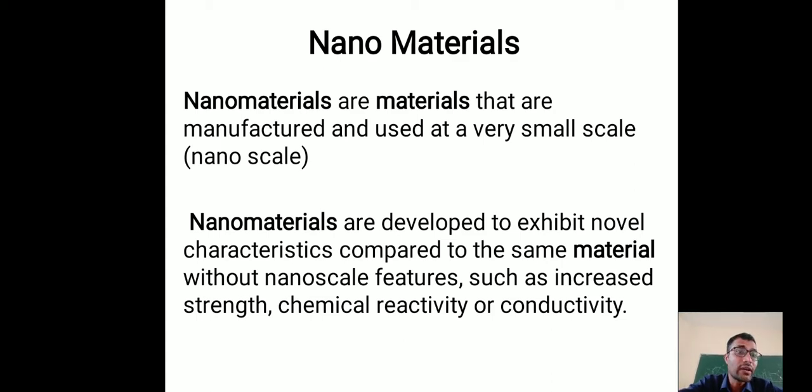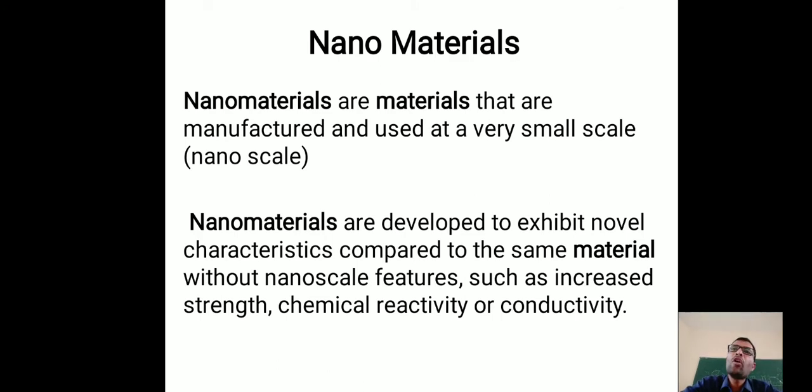Later on we will discuss what nanoscale is. Nanomaterials are developed to exhibit novel characteristics compared to the same material without nanoscale features, such as increased strength, chemical reactivity or conductivity.